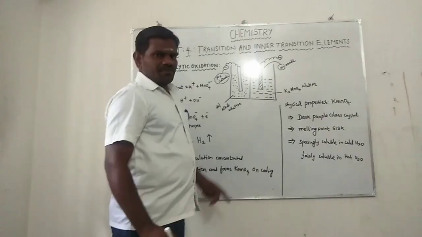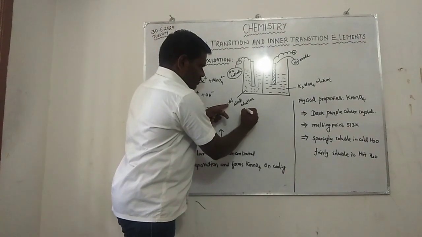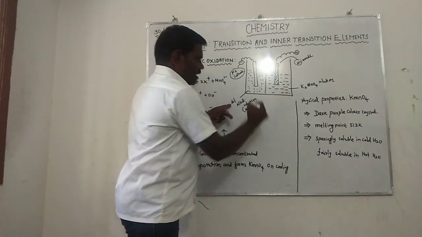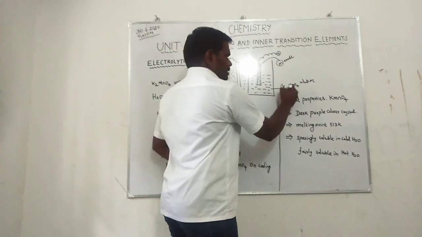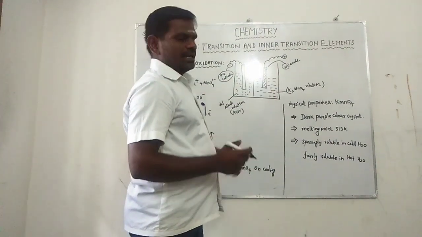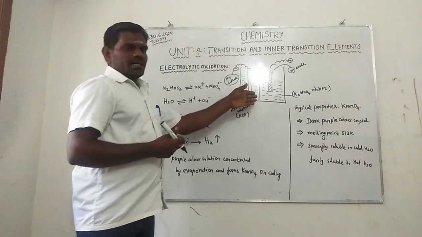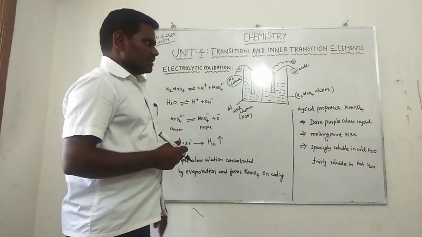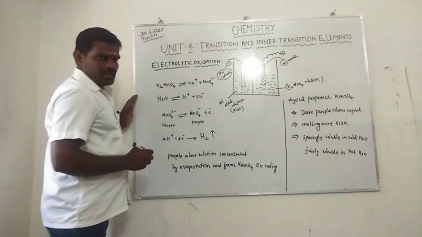In the vessel, the electrolyte is a dilute alkali solution, for example KOH or potassium hydroxide. On this side is the potassium manganate solution. We pass an electric current through the vessel, and these types of reactions occur.